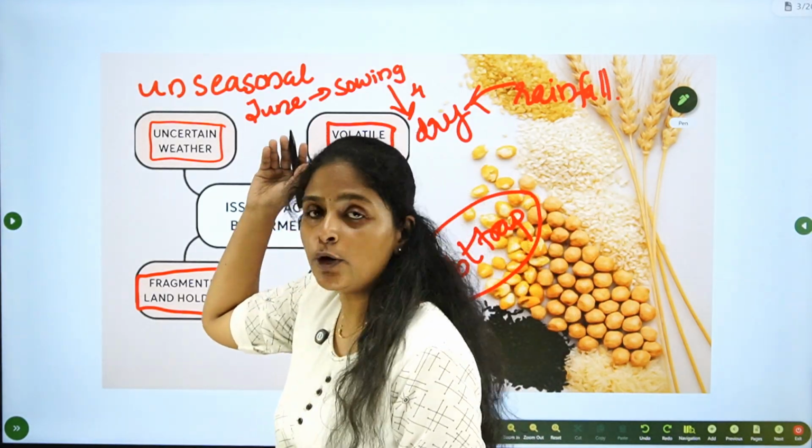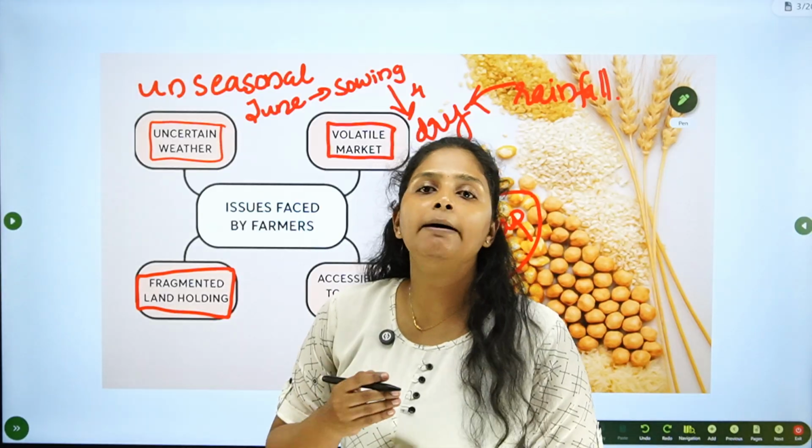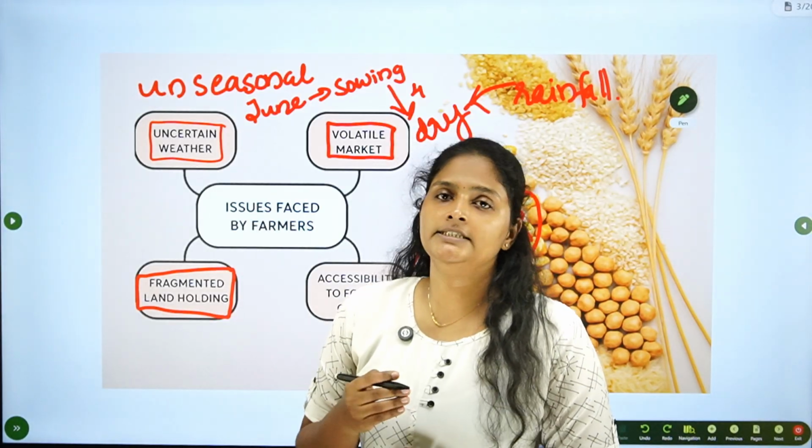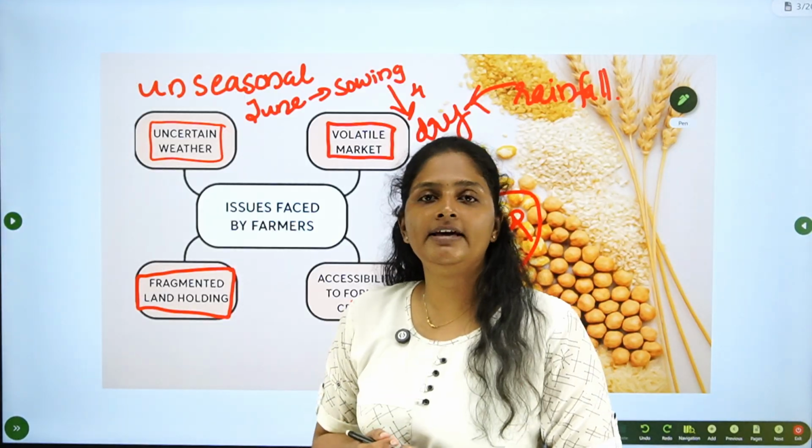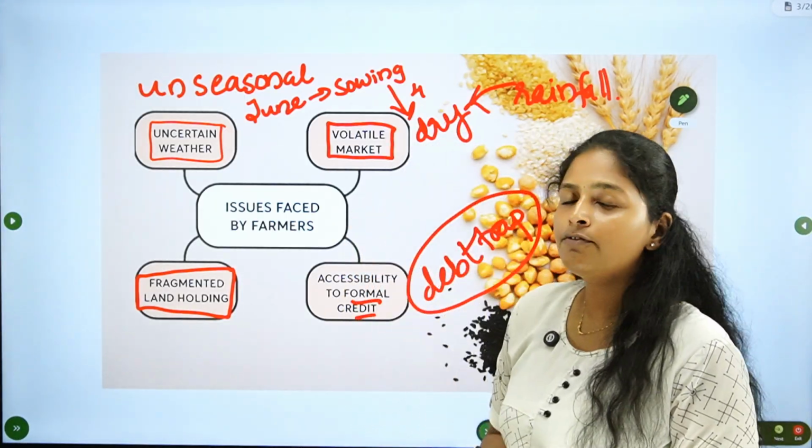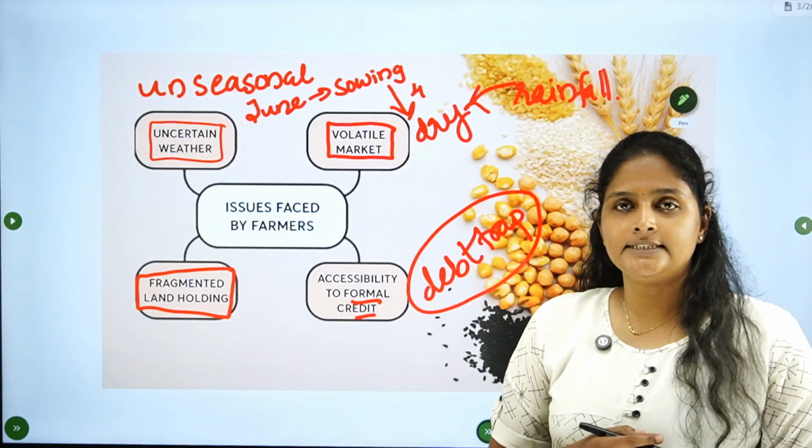That rainfall should not be there, but it's happening nowadays. Unseasonal rainfall, unseasonal weather. These are some of the problems faced by agriculture.